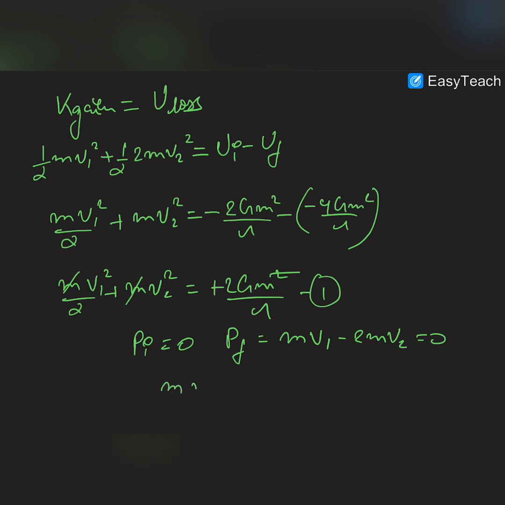So mv1 is equal to 2mv2, cancelling m with m, v1 is equal to 2v2.